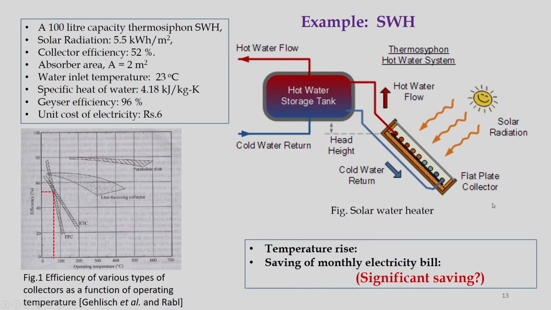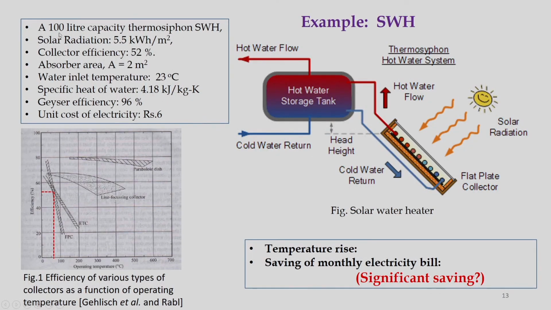Now, let us take one very important example on a solar water heating system. I hope that you will really enjoy this problem, and also you will understand why this subject is very important in day to day life. Let us take a problem like this.